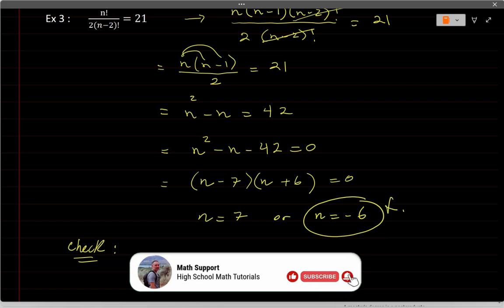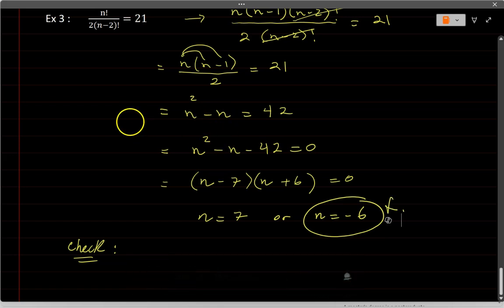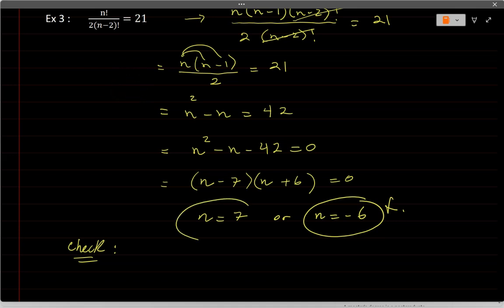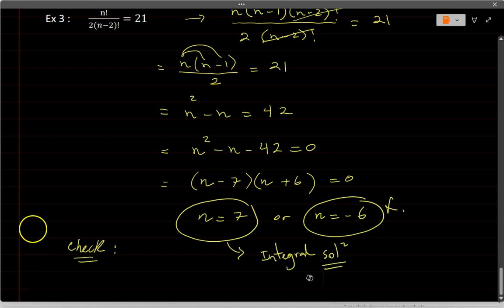That won't work, n equal to negative 6. But the other one, 7, will work because 7 factorial is okay, and n minus 2 is 7 minus 2, which is 5. 5 factorial is okay, and then the values will work for n equals 7. So n equal to 7 is the only integral solution. All right, very nice.